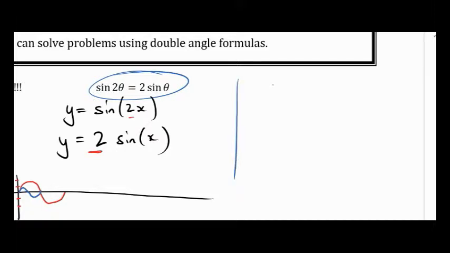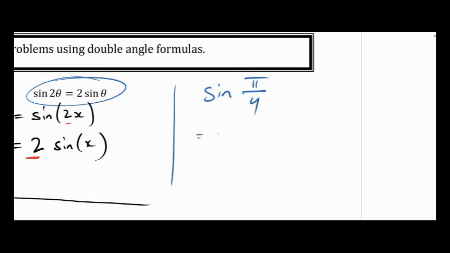That would also mean that something like sine of pi over 4 is the same as, we don't think about it this way, but it's like 1 over 4 times pi. So is that the same as 1 over 4 times the sine of pi? No. What is the sine of pi?